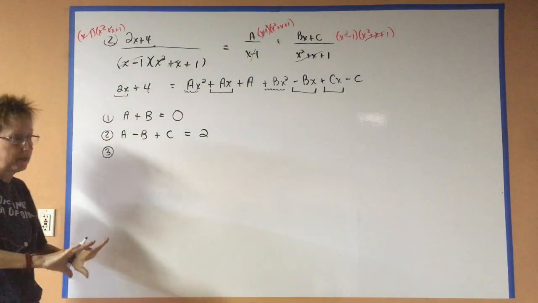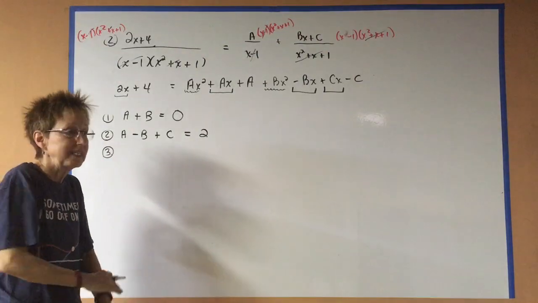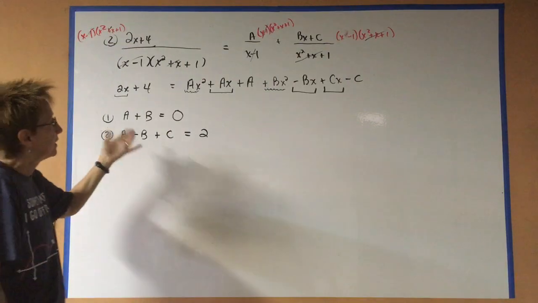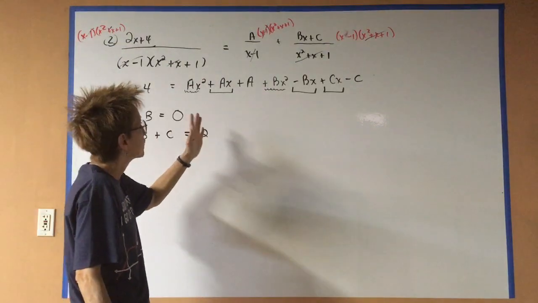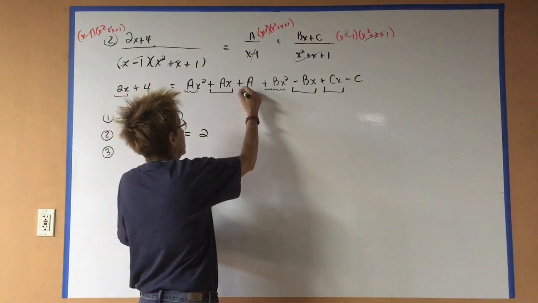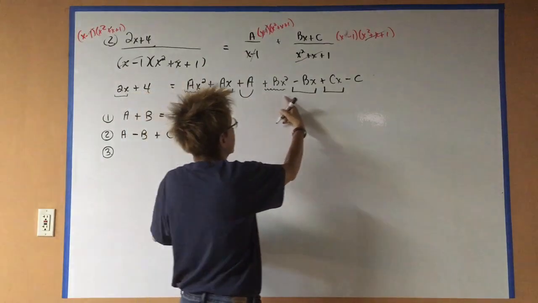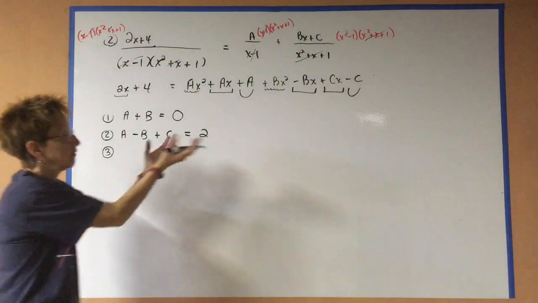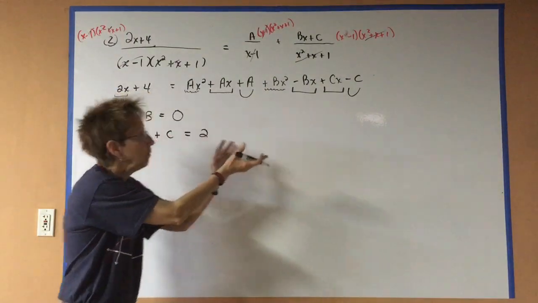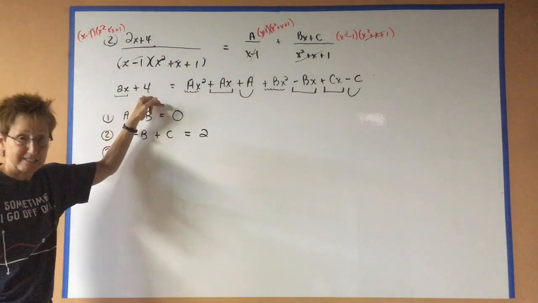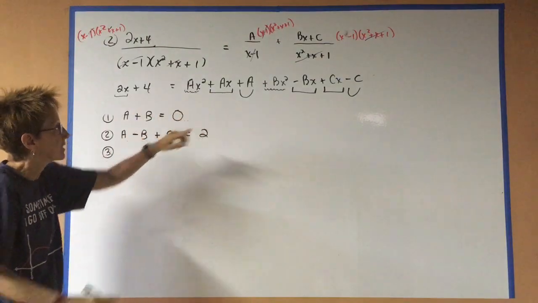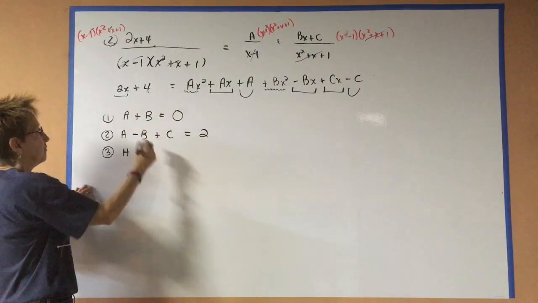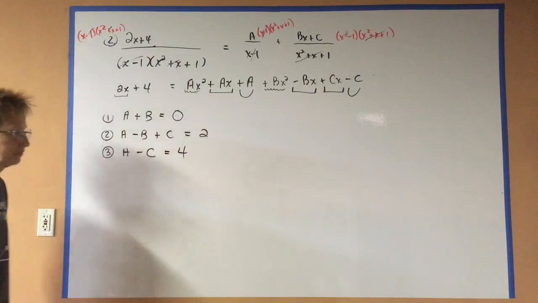So in other words, we're stripping off the x's and just working with the a's, the b's, and the c's. The last but not least is the constant, the terms that don't have any x's in them at all. So I see just an a there and just a negative c there. And those two terms, if I could add them or subtract them, I would have to get this constant over here, which is 4. So in other words, A minus C has to give me 4.